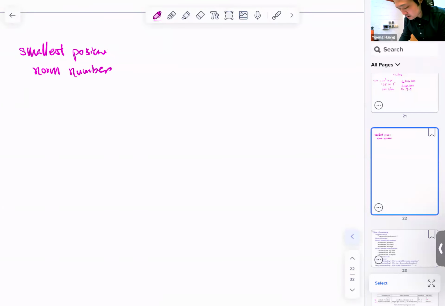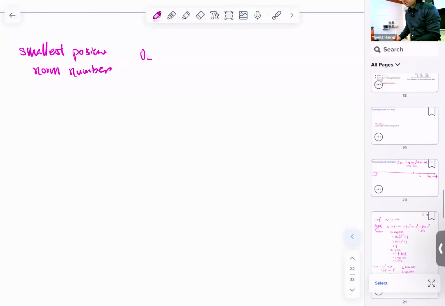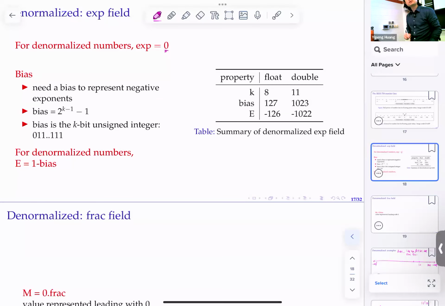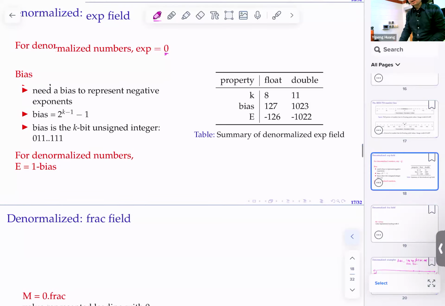What's the sign bit? 0. And what's the EXP field for the smallest normalized number? Would it just be zeros and then a 1? Zeros and a 1. Why not all zeros? Because that's saved for the encoding of 0. Close. I want you to think about it.